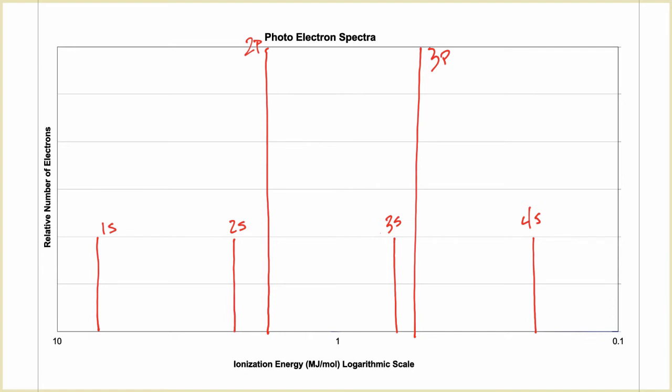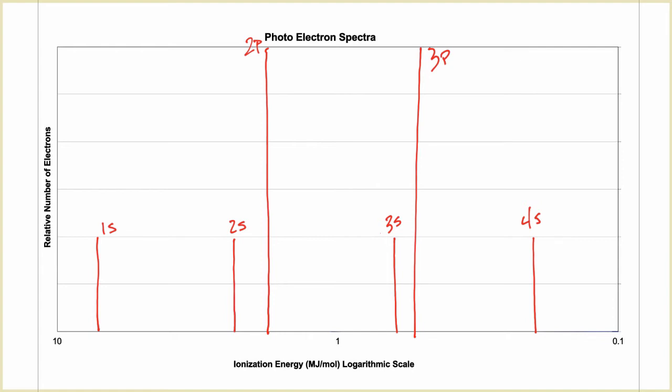And we can continue after that. So after 2p comes what? 3s. After 3s comes 3p. After 3p comes 4s. Then, what are these? Yeah, 3d. These are the 3ds. That's where our sublevel comes from.